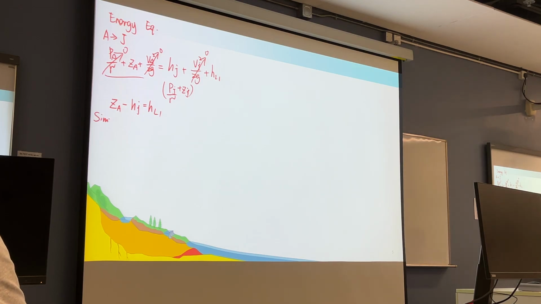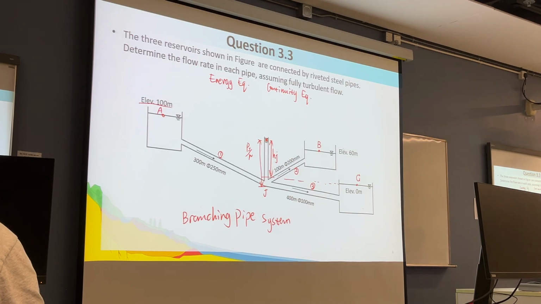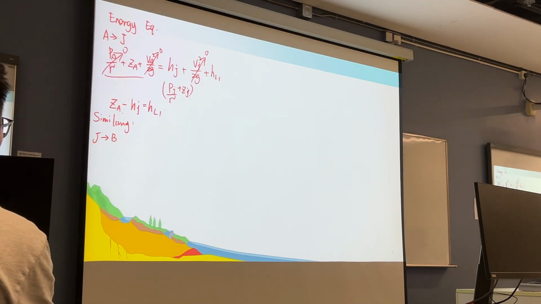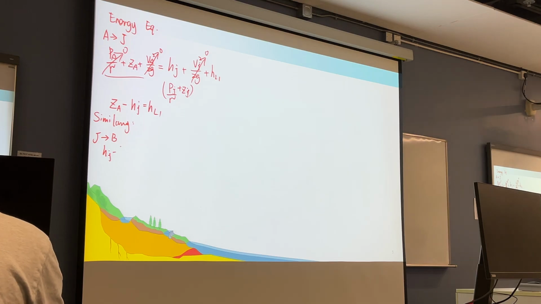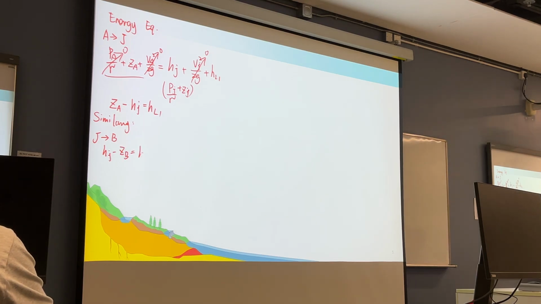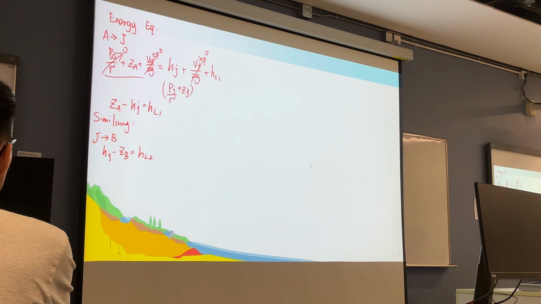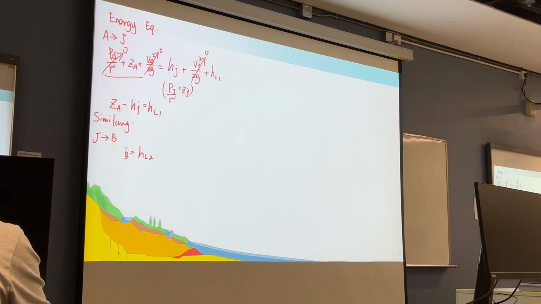Now similarly, from J to reservoir B, following the flow direction, it will be Hj subtract ZB is equal to HL2.